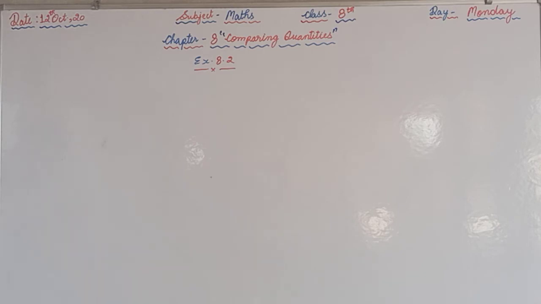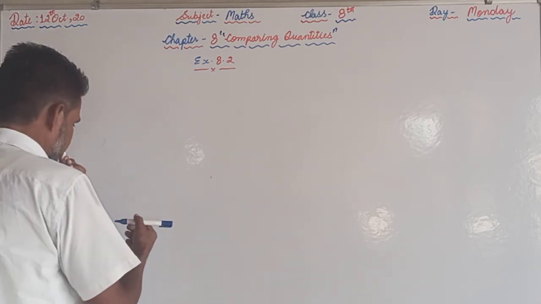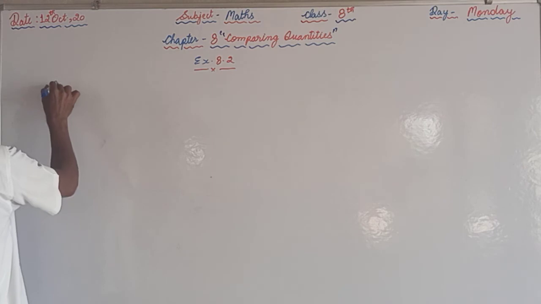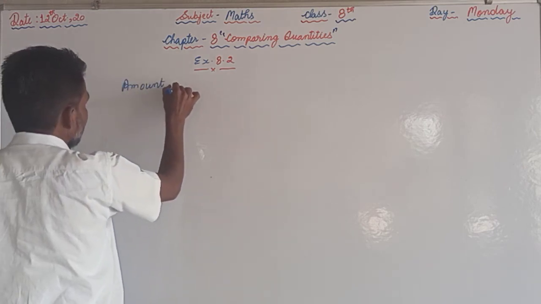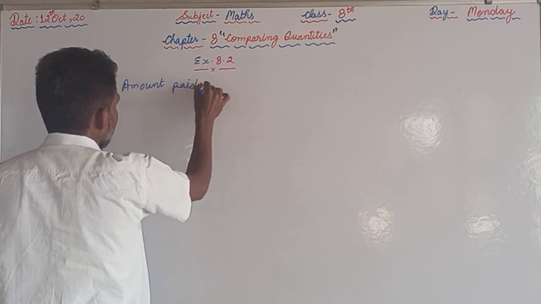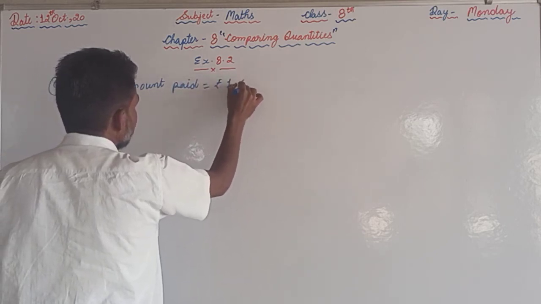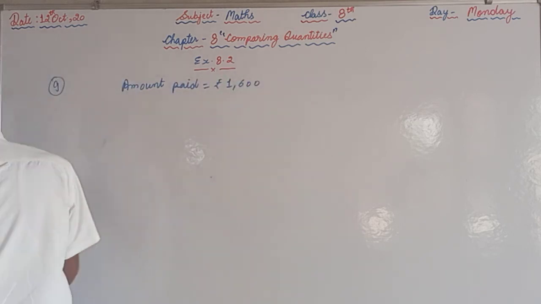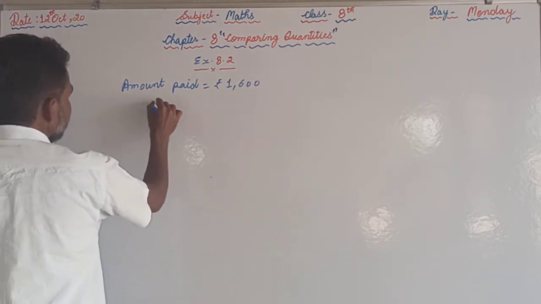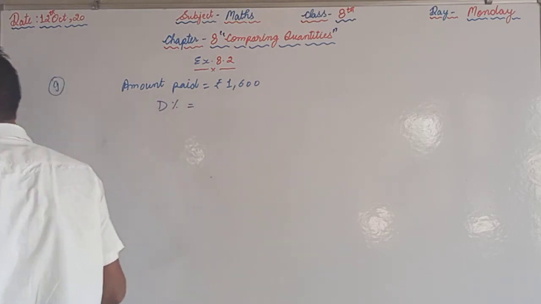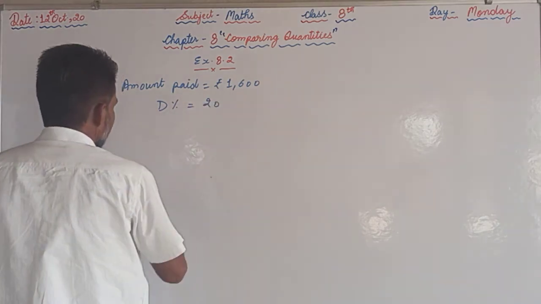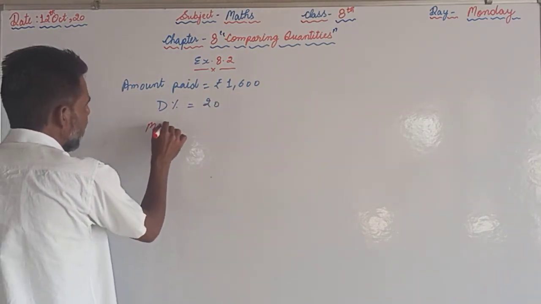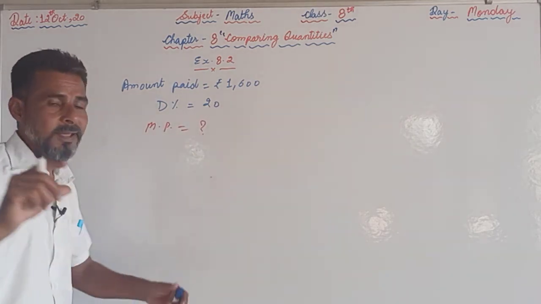So amount paid, question number 9, is rupees 1,600 and the discount percent was 20%. You have to find the MP. MP means the marked price.